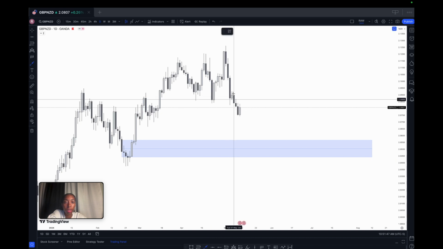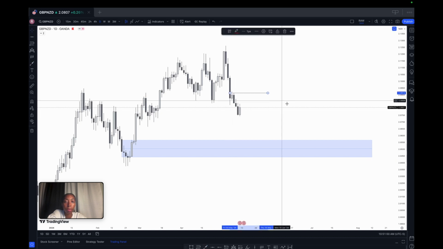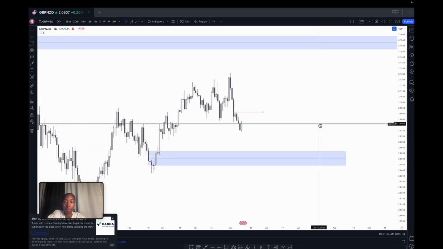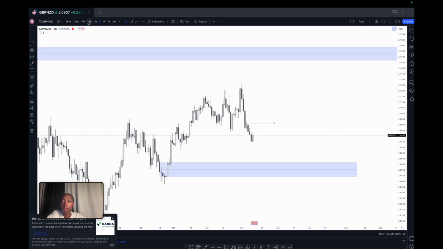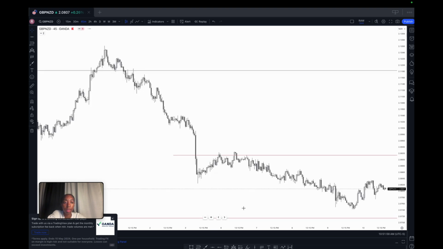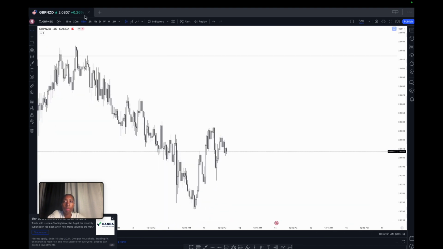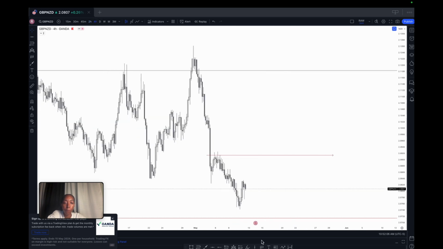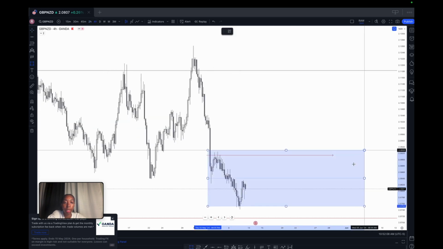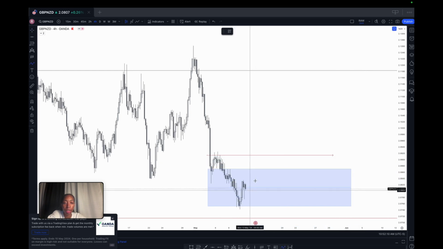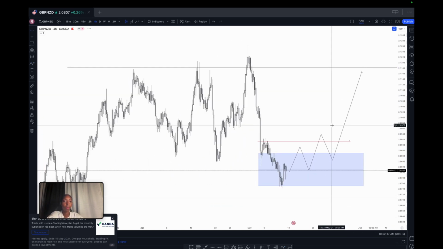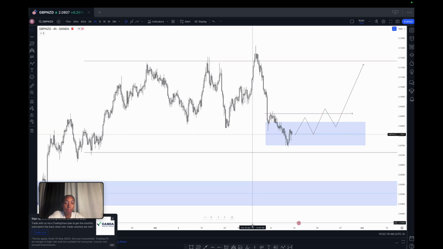So what I would want to see is a break. I want to see bullish patterns. Okay, so let's go to the 45-minute on this one. Yeah, I can see it chopping around for real. Chop, chop, consolidation. Finally break above, give us a pullback for the takeoff for the next leg.